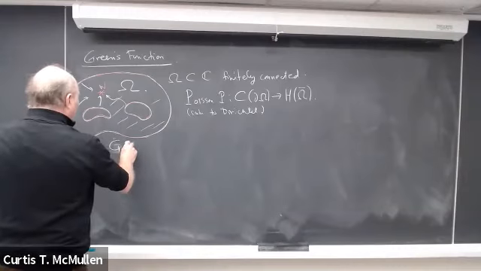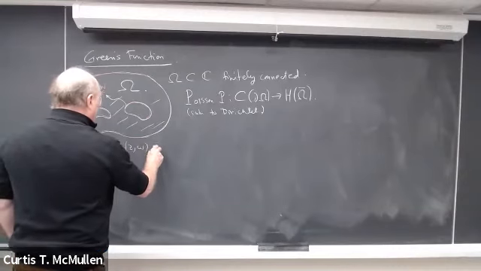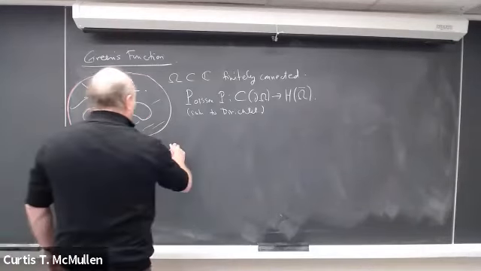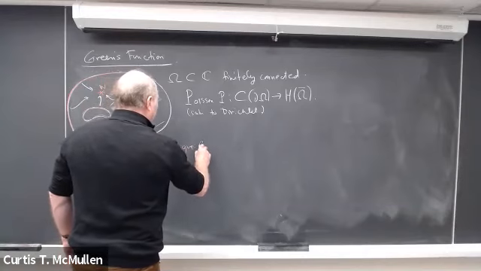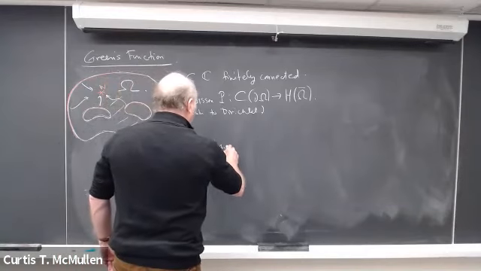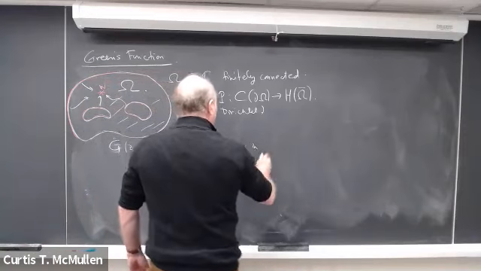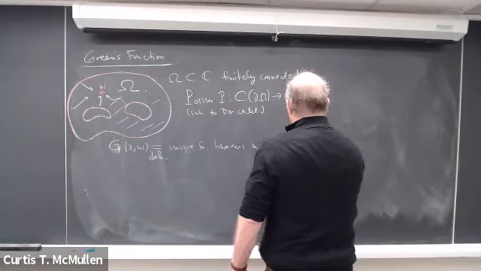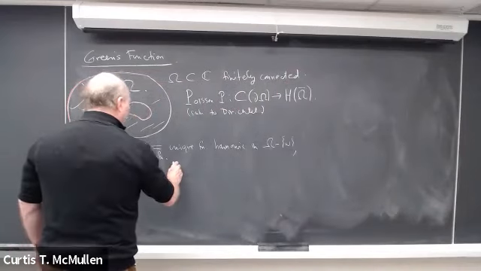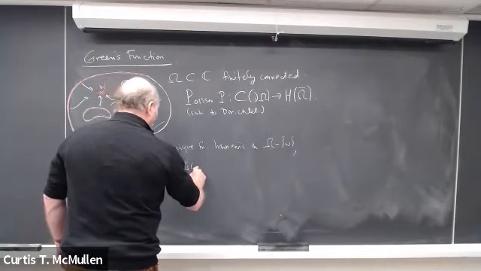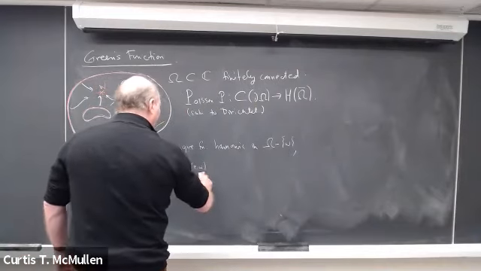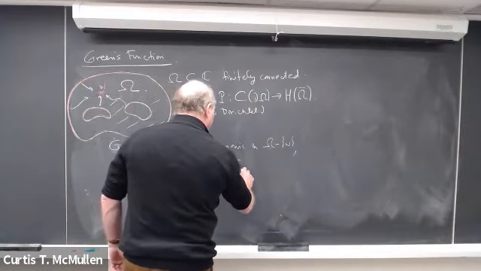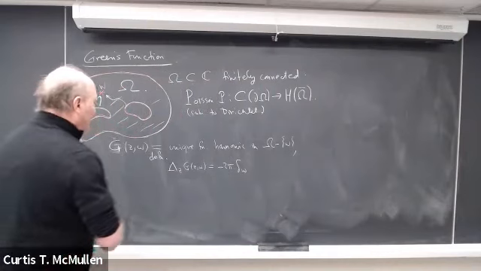Okay, so G of Z, W is by definition the unique function that is harmonic in omega minus the point W. It has the property that the Z Laplacian of G of Z, W is equal to minus 2 pi times the delta function at W. That's our point charge.